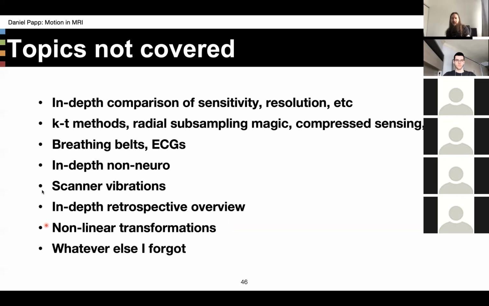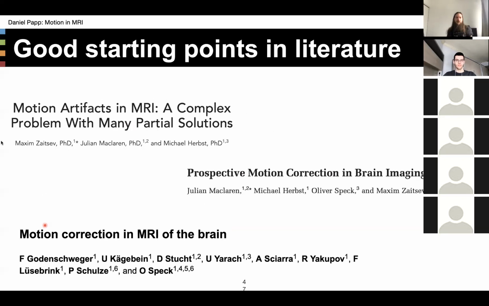So apologies for that. If you want to learn more, there are 3 good reviews that I leaned on quite heavily. They all seem to come out of more or less the same group, like Zaitsev, Speck, Zaitsev again. This isn't because I think they're the fount of unlimited wisdom.